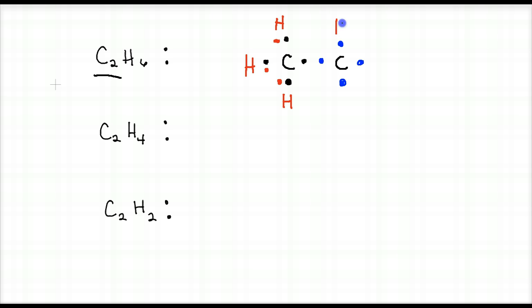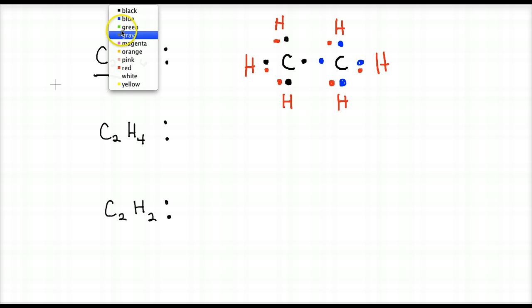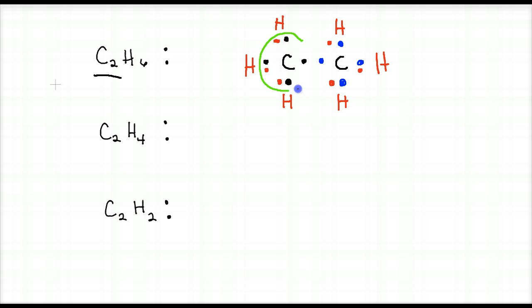And of course it kind of makes sense. All of these dots from the carbon are being shared with a single dot, the single valence electron from the hydrogen. So very simply, by sharing, each carbon in this setup is sharing a total of 8 electrons. It feels stable.